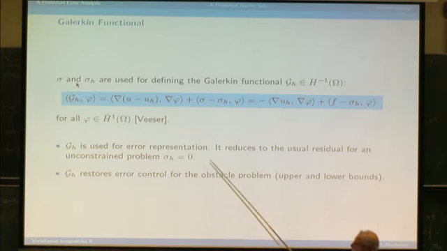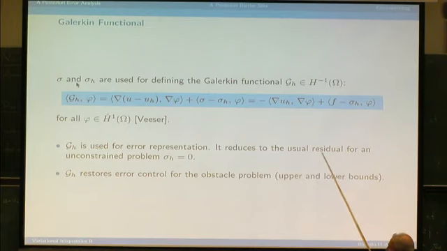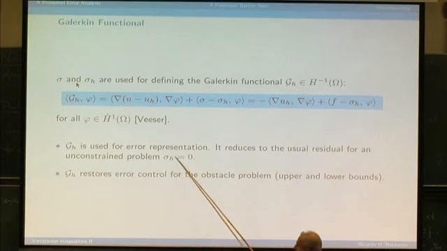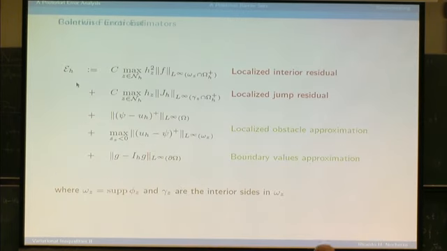Okay, so we have an error representation in terms of the Galerkin functional. As I said, this reduces to the regular residual for linear problems, which is the case when sigma h and sigma are 0. But it's very important to get control of the error for the obstacle problem. So how do we proceed now? Let me explain this in a couple of words.